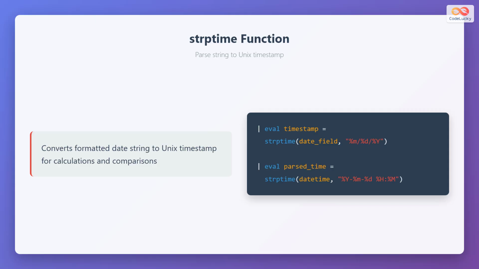For example, eval timestamp = strptime(date_field, "%m/%d/%y") converts dates like 3/15/2025 into Unix timestamps. Similarly, eval parsed_time = strptime(date_time, "%y-%m-%d %h:%m") handles formatted date time strings.